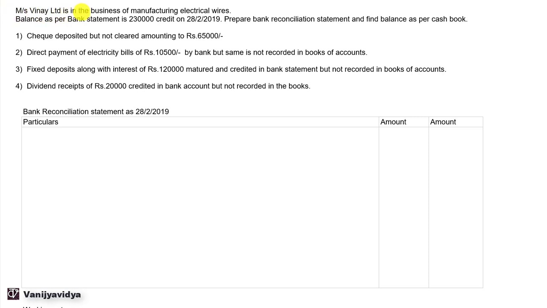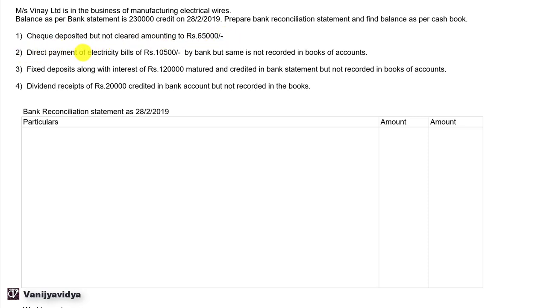Messrs. Vinay Limited is in the business of manufacturing electrical wires. Balance as per bank statement is 2,30,000 credit on 28 Feb 2019. Prepare bank reconciliation statement and find the balance as per cash book. First, check deposited but not cleared amounting to rupees 65,000.